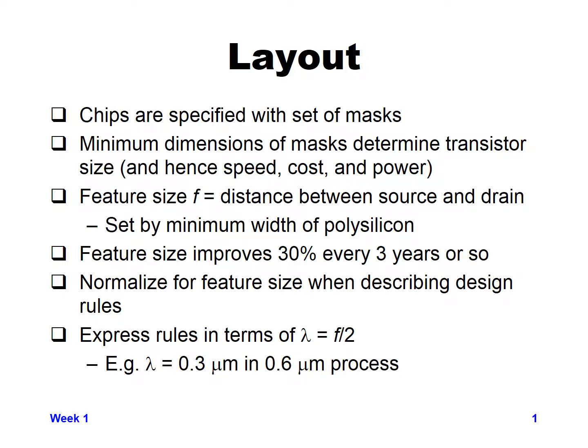So as we talk about how to do layout in the coming lectures, we'll be talking about design rules for that layout, because you have to construct it in such a way that it's legal to fabricate. And we'll be talking about those design rules in terms of lambda. So in a 0.6 micron process, for example, the value of lambda would be 0.3 microns.